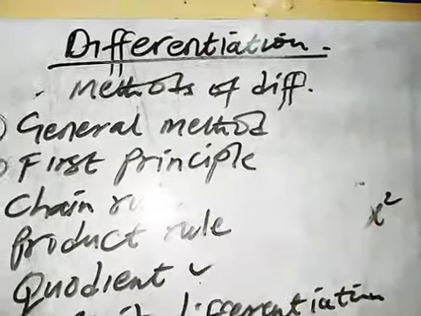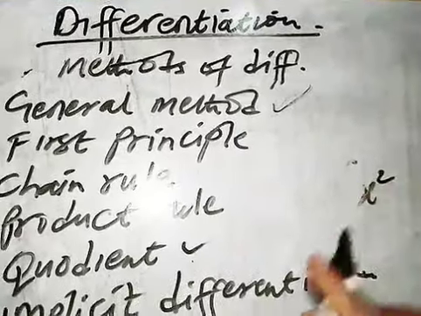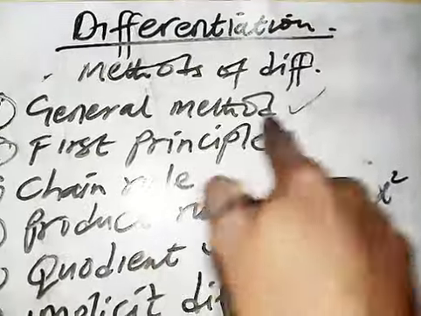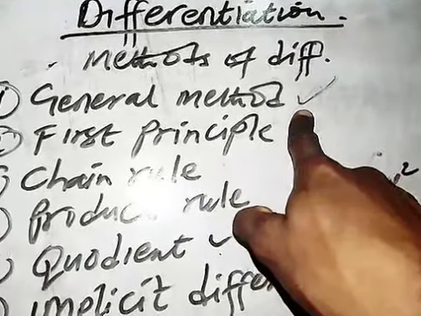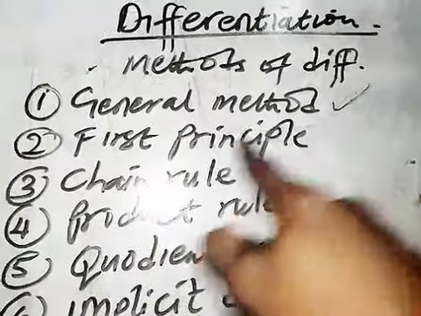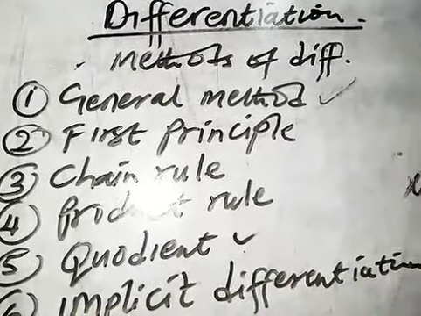All right, so let us take the general method. We are going to take the general method in this differentiation. In our next class, I'm going to talk about phase principle, followed by chain rule and other methods of differentiation.